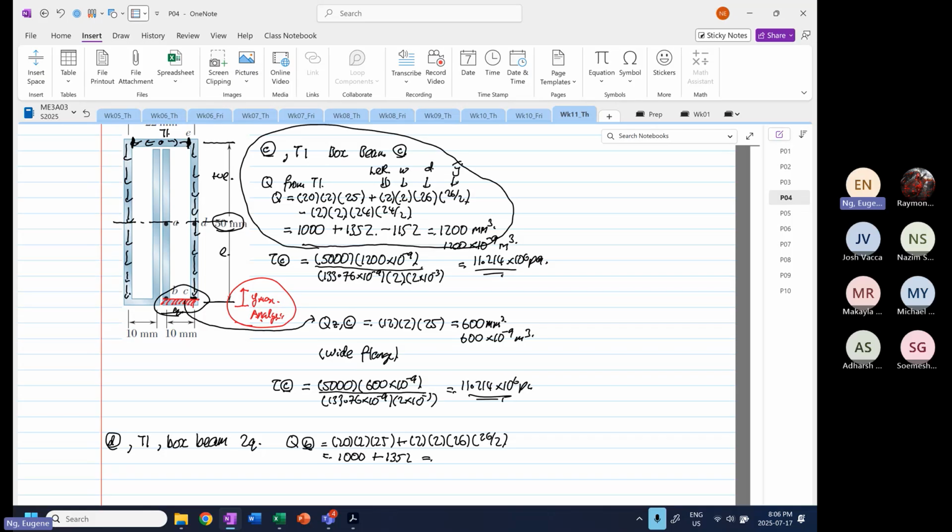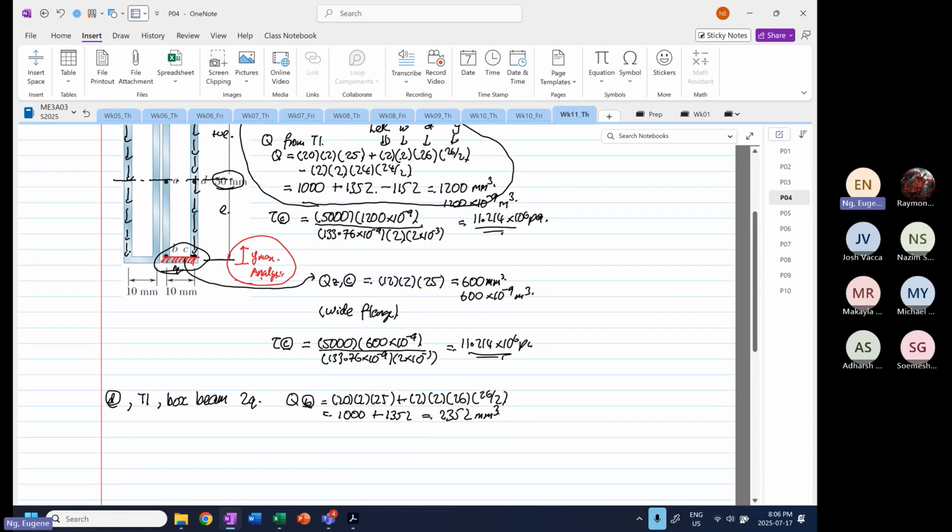So 1,000 plus 1352 is equal to 2352 millimeter cube, or 2352 times 10 to the power minus 9 meter cube, right?